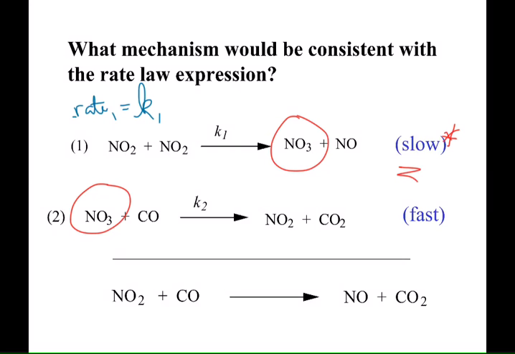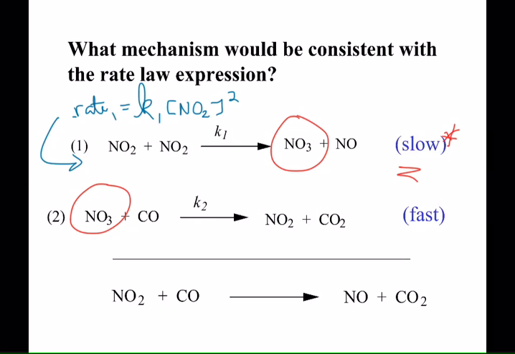And then what would the molar concentration of NO2 be raised to, what power? 2. Yep. Because it's bimolecular. The stoichiometric coefficient of 2 in front of that. Exactly. And is that the observed rate?